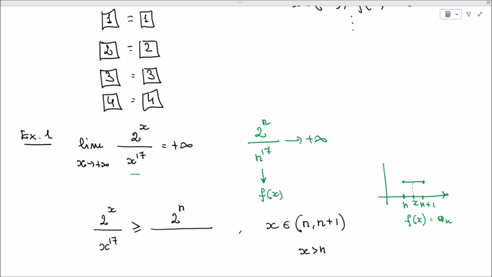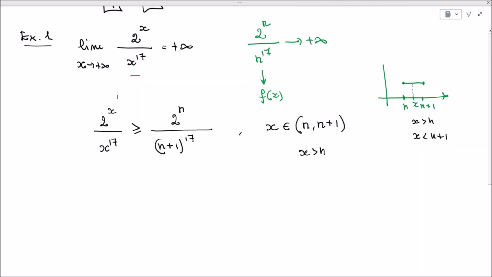We need to replace the denominator with something which is larger. But you see, while x is larger than n, we also know that x is going to be less than n plus 1. Then we will replace the denominator with n plus 1 raised to the 17. So we have now an inequality.